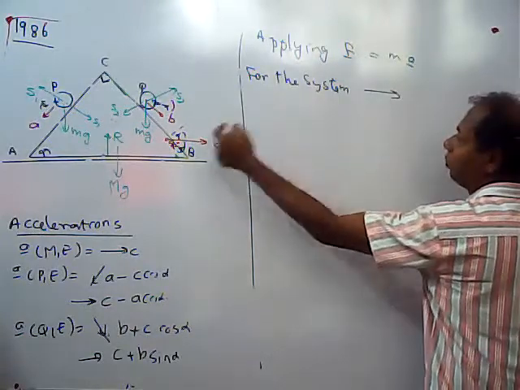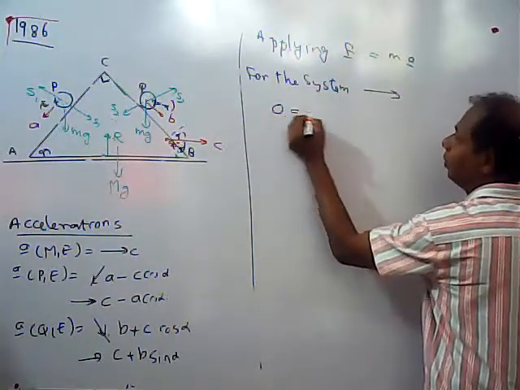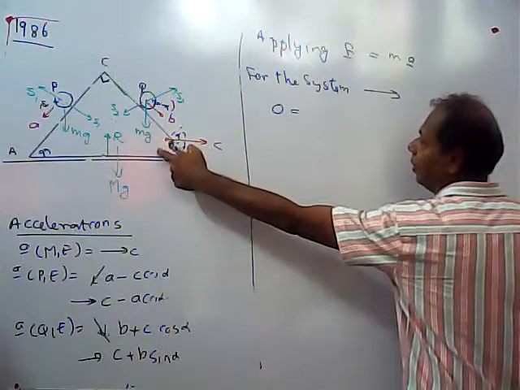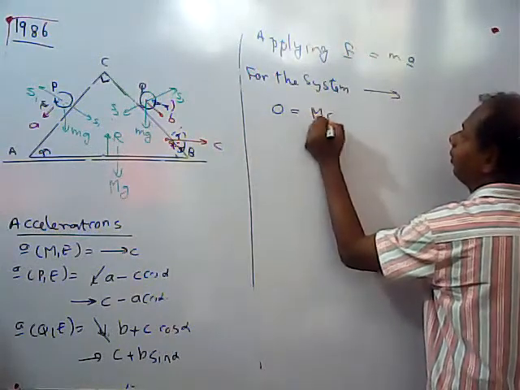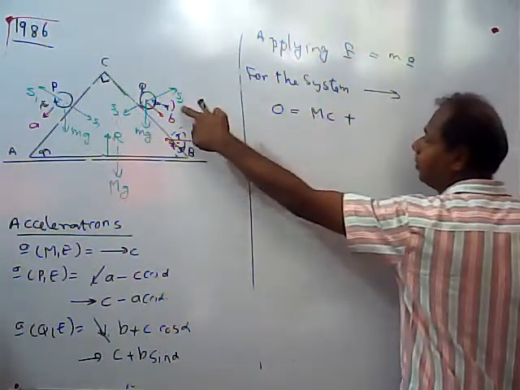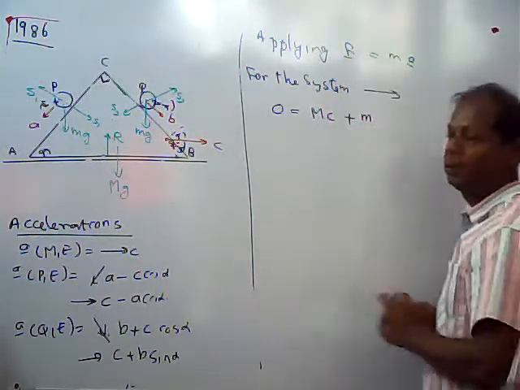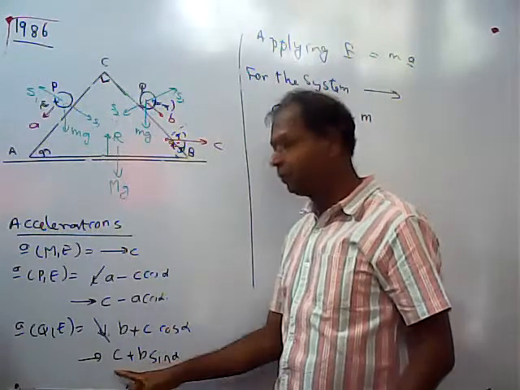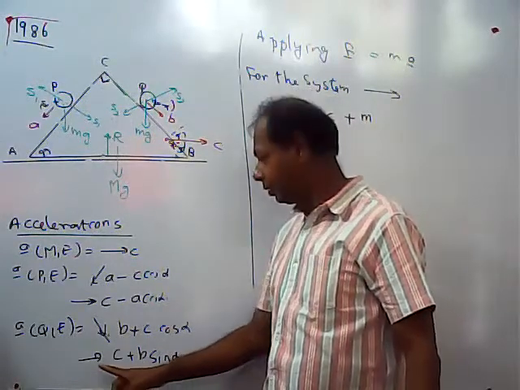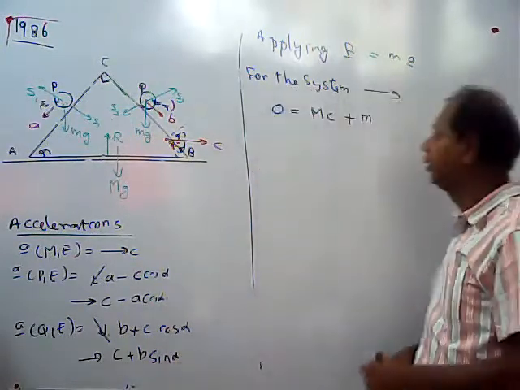So the net force in this direction is 0, equals mc plus, when you go to the particle Q, m times its acceleration in the horizontal direction, we have written it, it is c plus b sin alpha.